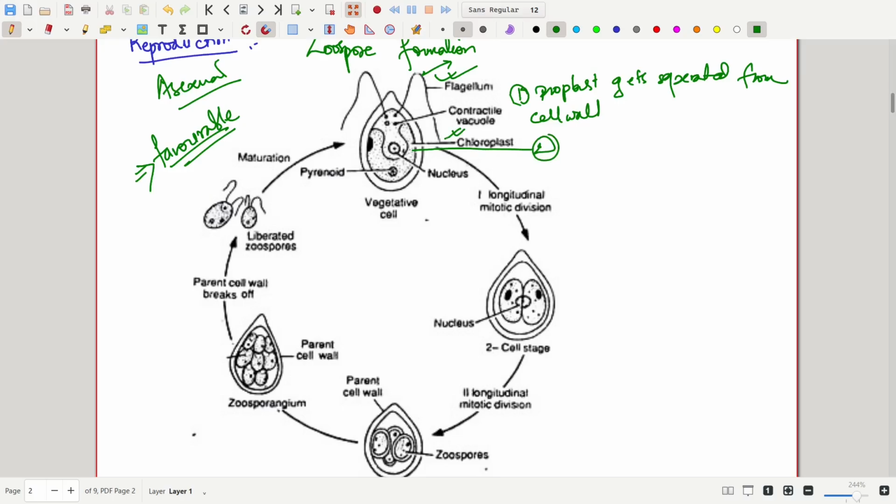And second one is the protoplast first divides by longitudinal mitotic division that produces two daughter cells.